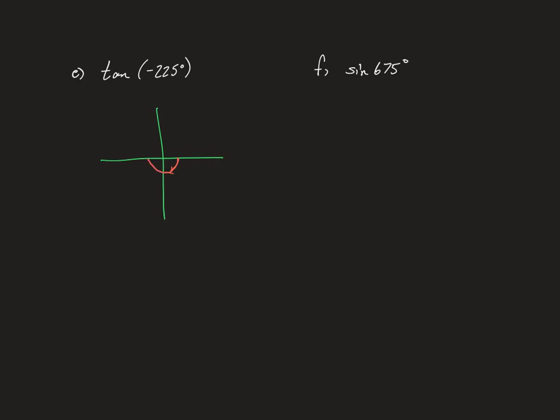And so for me to then continue to 225, that might be my terminal arm. I should then be able to figure out that my related acute angle is 45 degrees. And remember, all related acute angles are always positive.